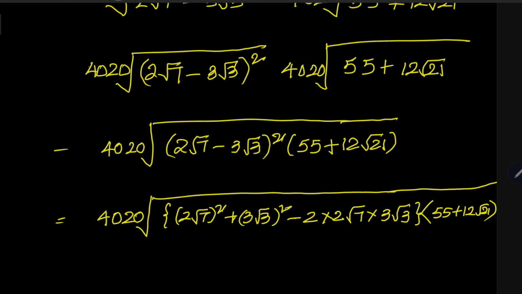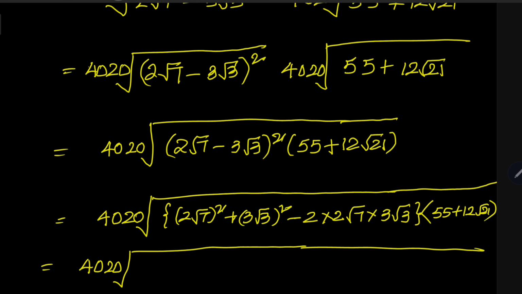Now let us simplify that. We will have the 4020th root of (2 root 7) whole square, that is 28. (3 root 3) whole square is 27, minus 2 2s are 4, 4 3s are 12, root 7 into root 3 is root 21.